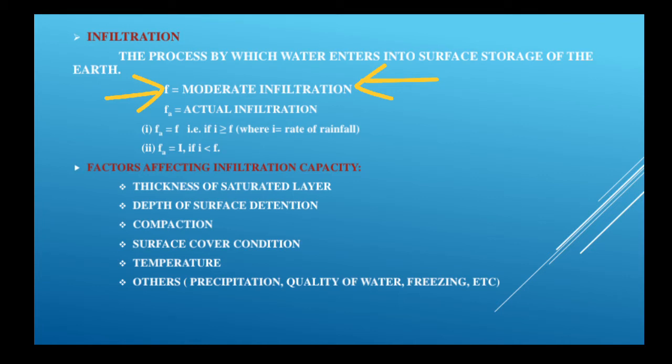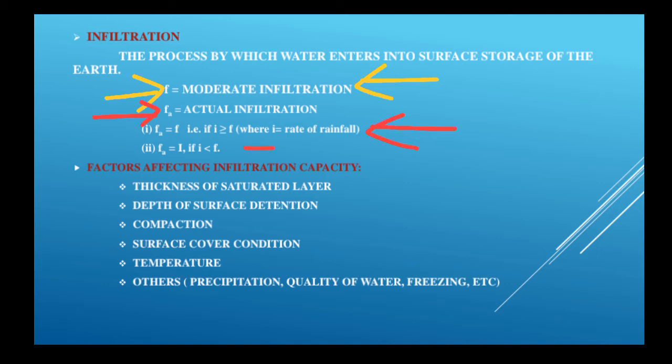Whereas actual infiltration also has to be taken into consideration. The actual infiltration, which is observed at the time of percolation, is denoted by Fa. Actual infiltration can be calculated in two ways: Fa equal to f if I is greater than or equal to f, that is, when rainfall is greater than or equal to moderate infiltration, then Fa will be equal to f.